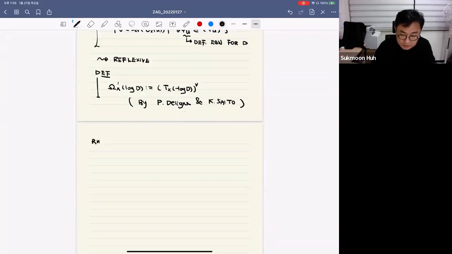And another remark is that even for a higher dimensional smooth projective variety X, if the divisor D has simple normal crossings, then the logarithmic tangent sheaf is always locally free.